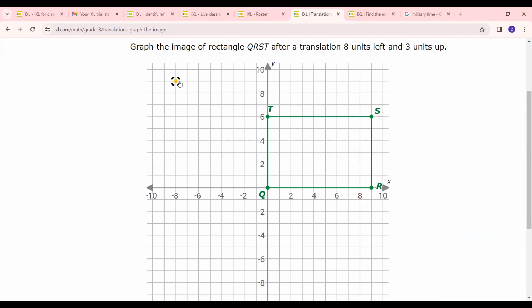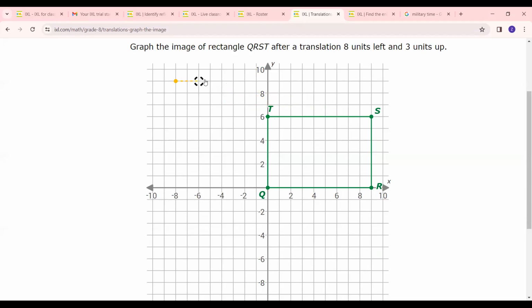Do you see that? And then, oops, sorry. I see it. And then the second point, we're going to have to move it. Wait. The second point, how many spaces is this anyway? This is what? 1, 2, 3, 4, 5, 6, 7, 8, 9, 10. Okay, so it's 10 units apart.